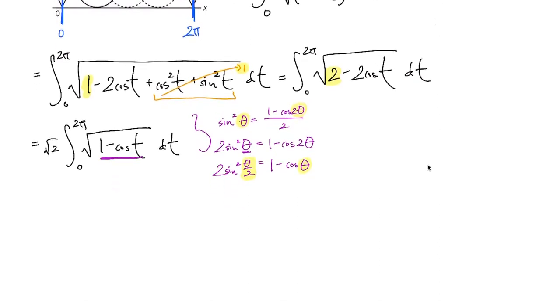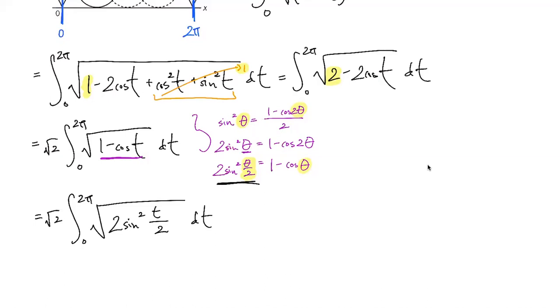But what that allows us to do in our integral is replace 1 minus cosine t with 2 sine squared t over 2. Okay, so I took this and I substituted it in for the 1 minus cosine theta. Now I'm going to be able to take the square root.